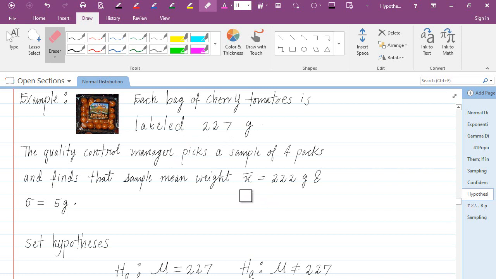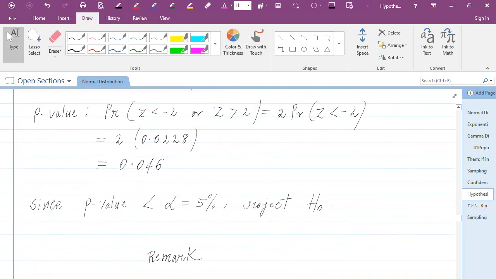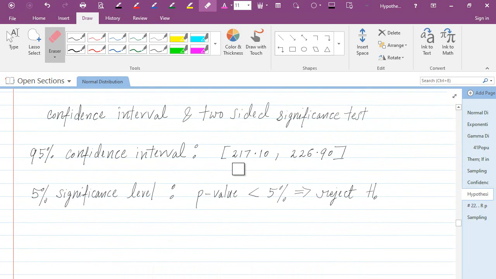So if you use this observed sample mean 222 and look at the 95% margin of error, and then you calculate the 95% confidence interval, you're going to get the interval from 217.10 to 226.90.